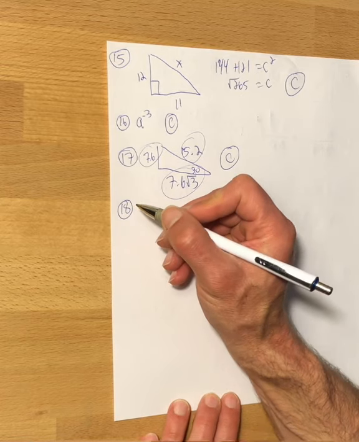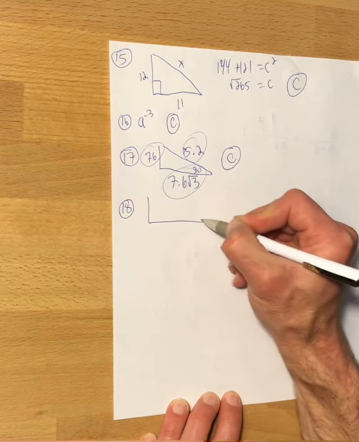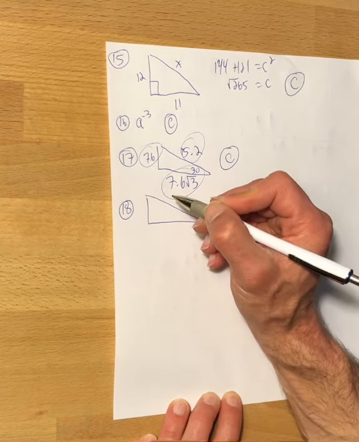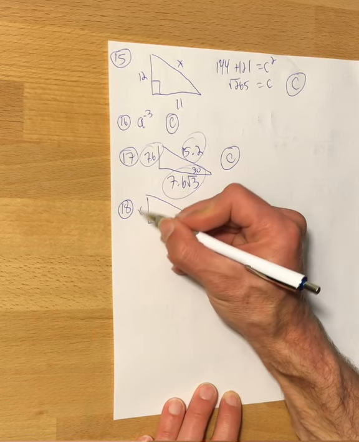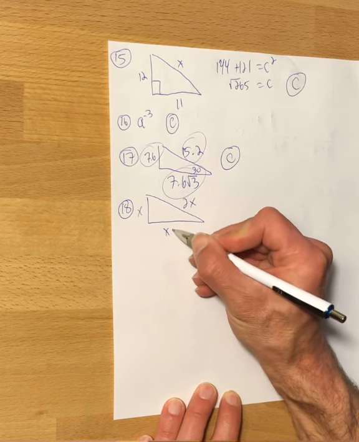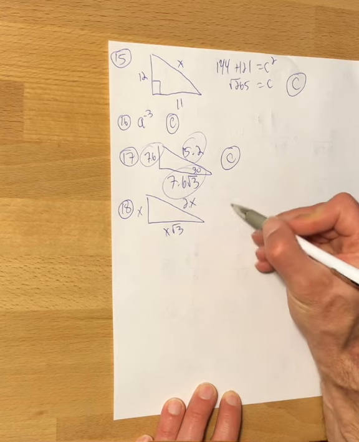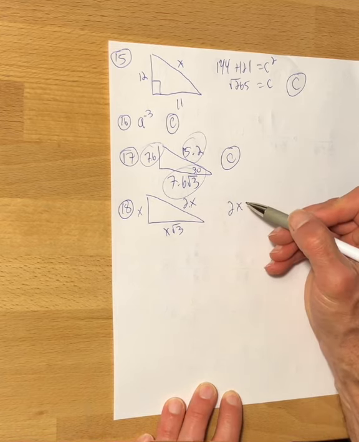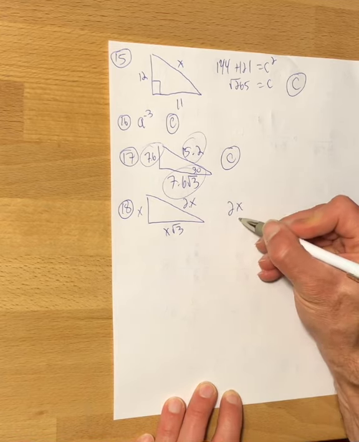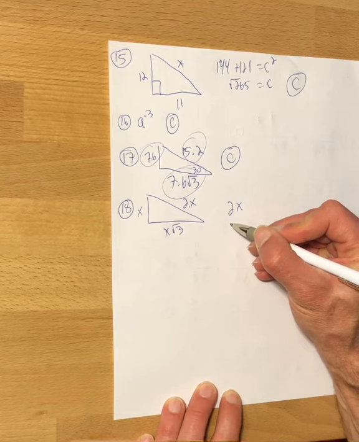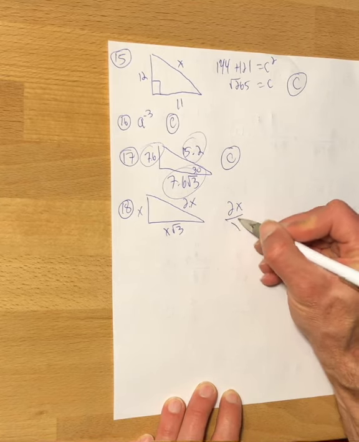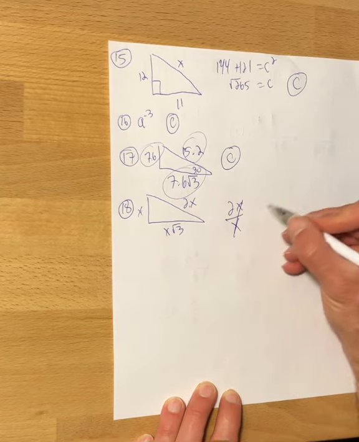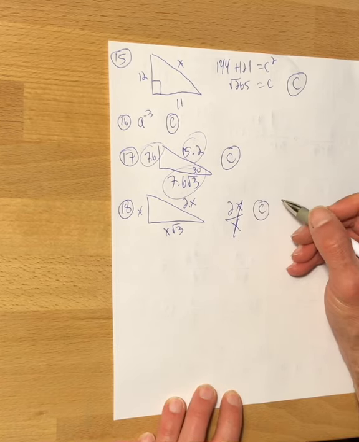Number 18, in a 30, 60, 90 degree triangle, the ratio of the hypotenuse, remember this is x, this is 2x, and this is x root 3. The hypotenuse, 2x, to the length of the shorter side is going to be twice that, which is letter choice C, 2 to 1.